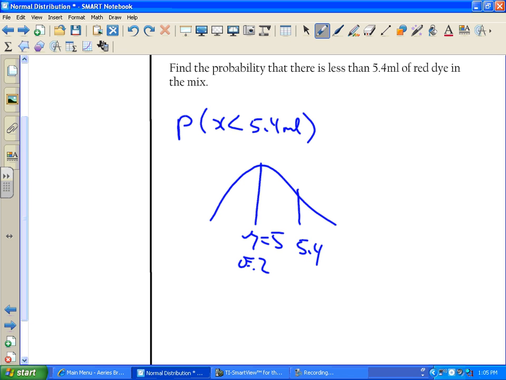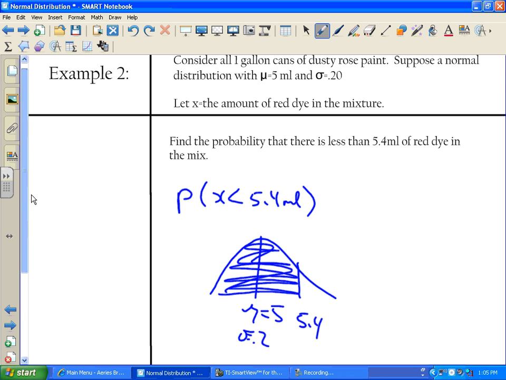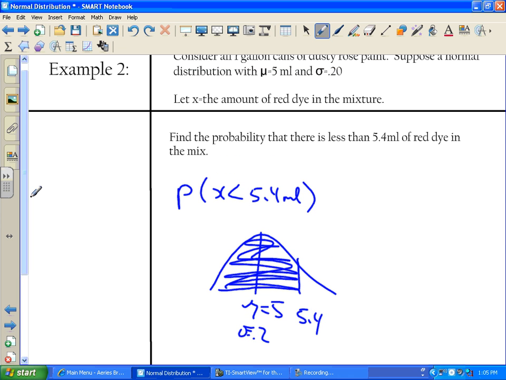So you will shade the probability that you're trying to find. It should make sense to you right now that this probability had better be greater than 50%, because 5.4 is higher than average. So the probability that I get a can of paint that has less than 5.4 when my average is 5 should be relatively high.